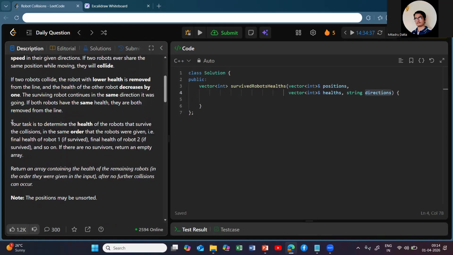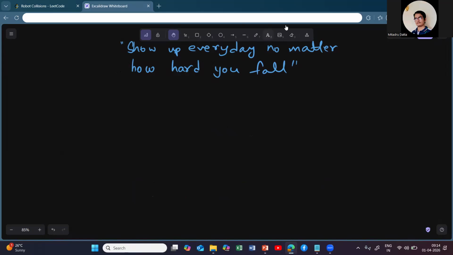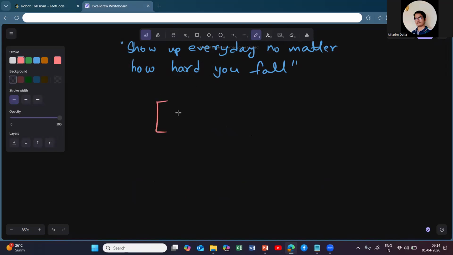Okay, and your task is to determine the health of the robots that survive the collisions in the same order the robots were given. So, let's say initially your health array was something like 5, 8, 2, 12, 7, 6.